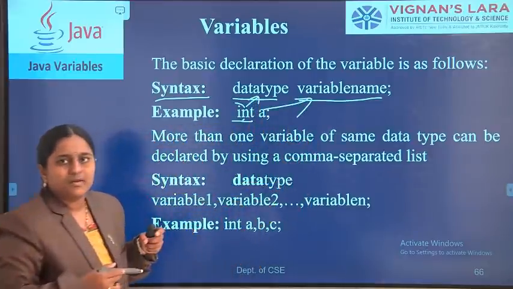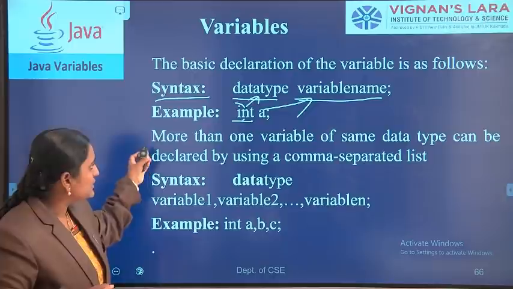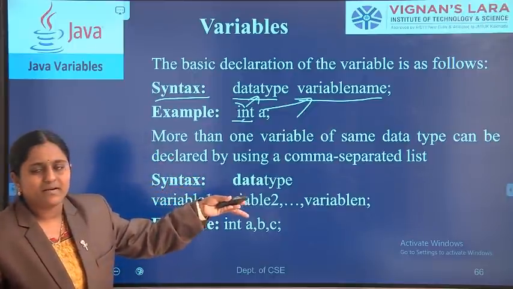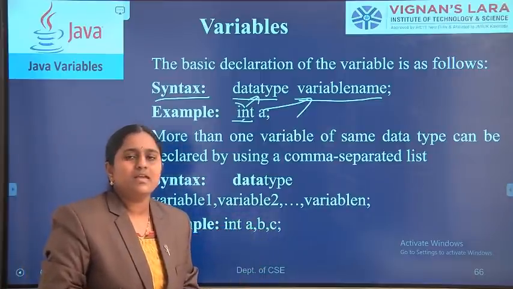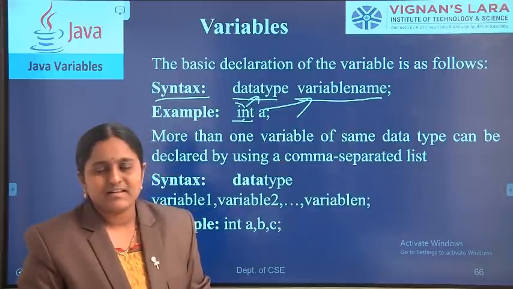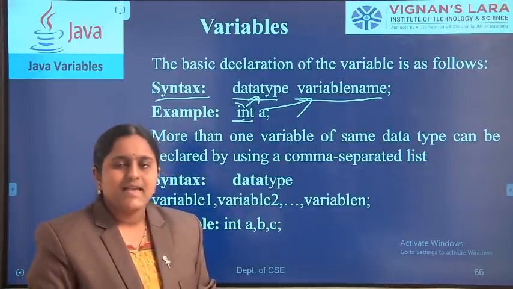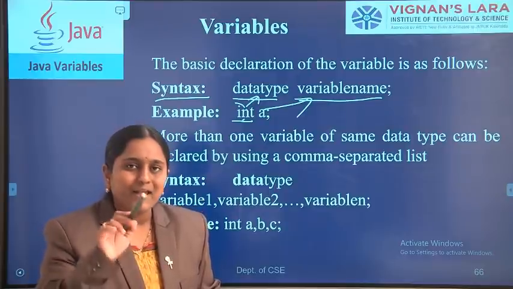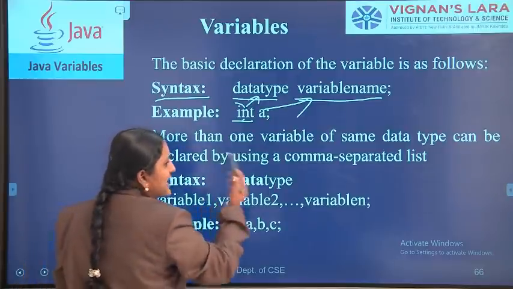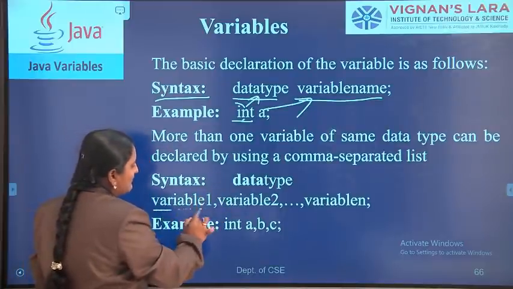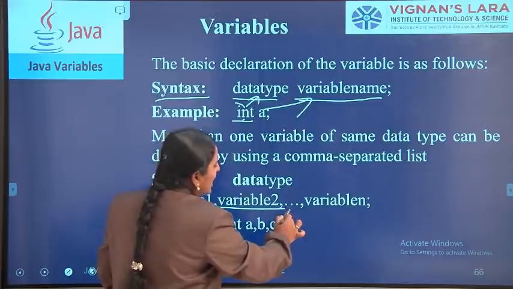More than one variable of the same data type can be declared using the comma separator. In our program, when we declare more than one variable, we separate them by comma. For example, I am declaring three variables a, b, c. The syntax is: data type, space, variable 1, comma, variable 2, comma, and so on.